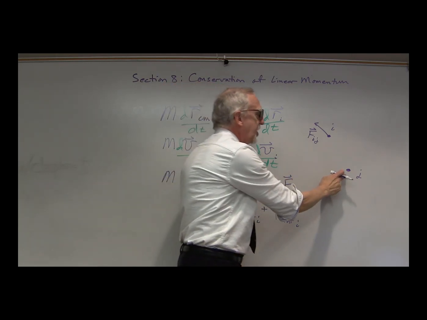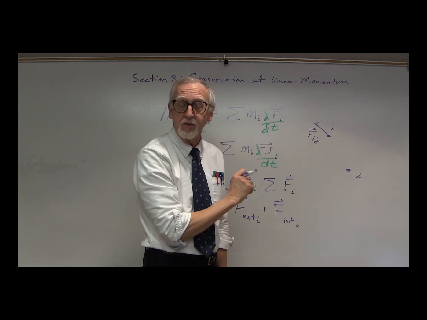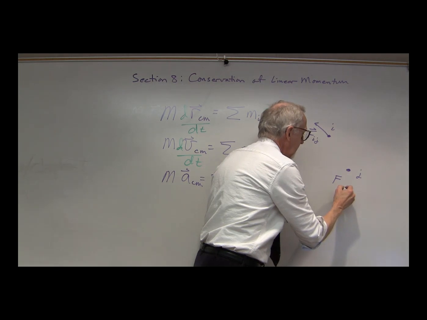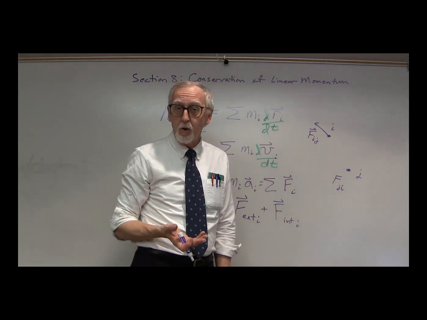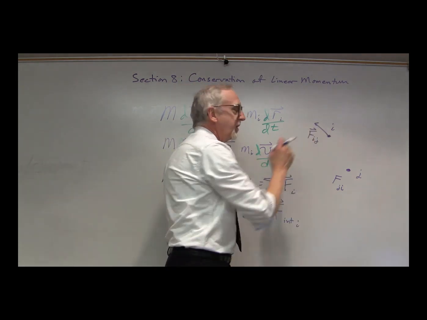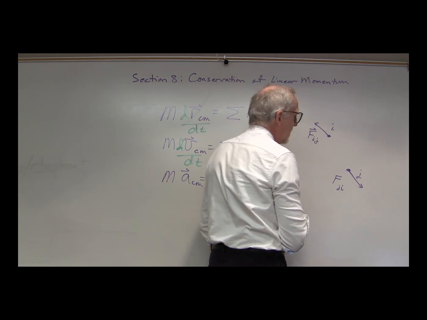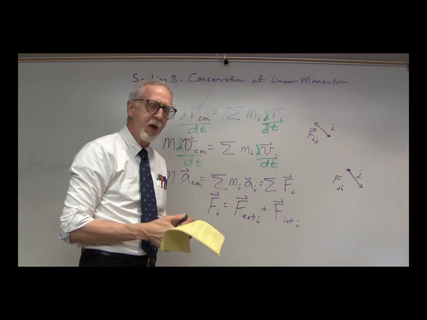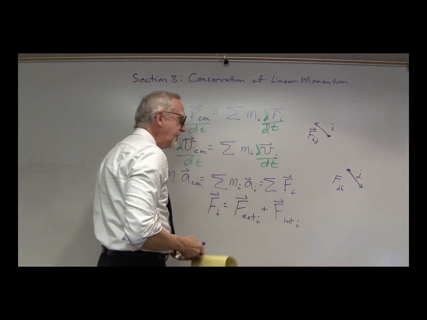Well, if object j exerts a force on object i, then object i must exert a force on object j. There must be some F_ji. But what direction is it in? Well, from Newton's third law, we know it has to be opposite F_ij. So we know there must be a force on j, F_ji, that is opposite F_ij. But then what do we have to do? We have to sum up all of these forces.